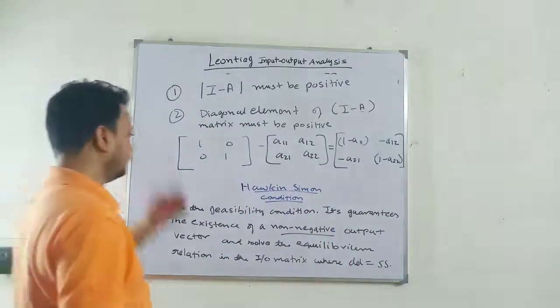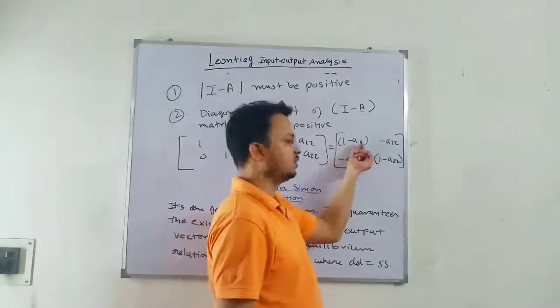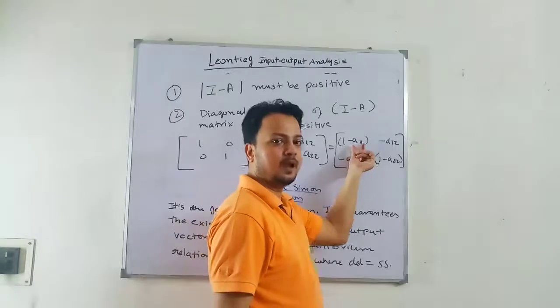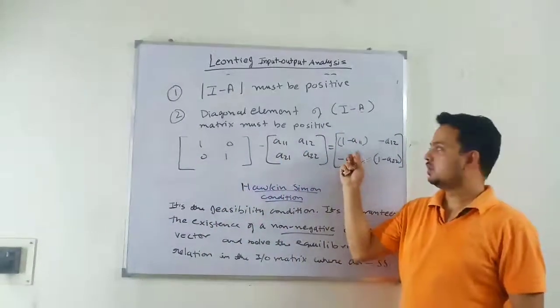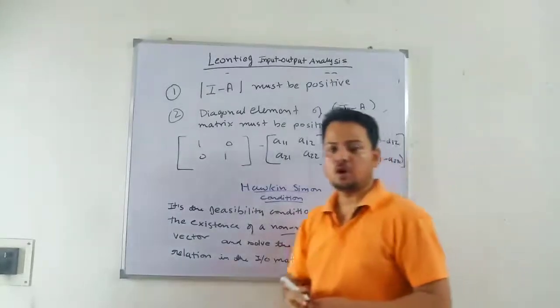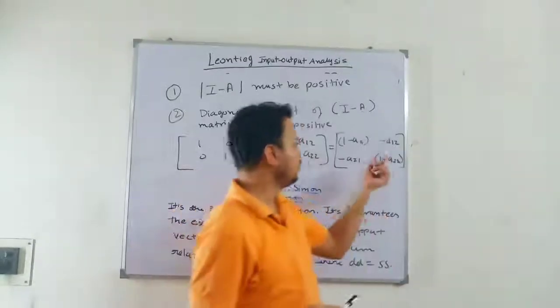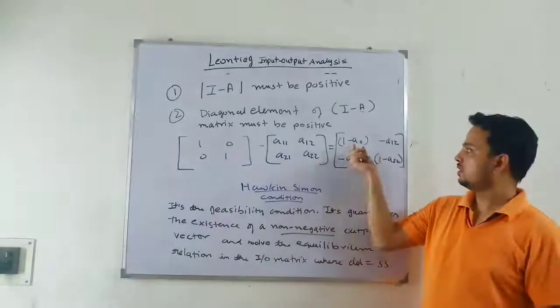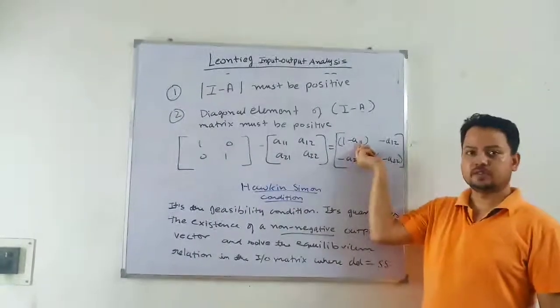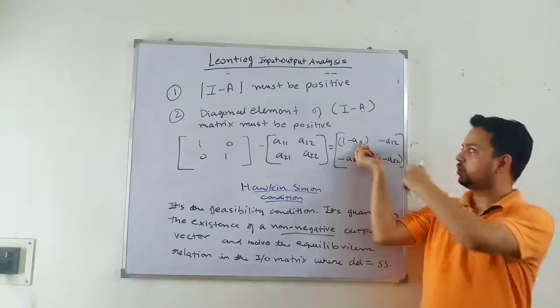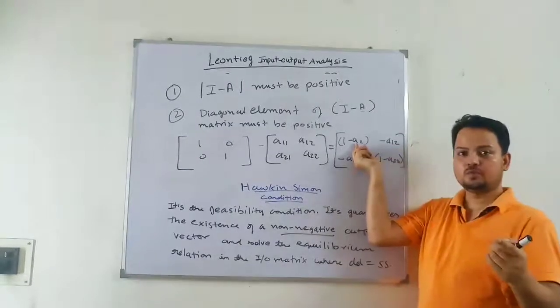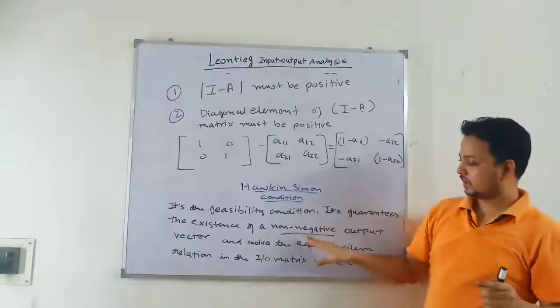So basically, what is this? This is in per unit terms. For producing 1 unit of output, how much input do you require from the first industry? In order to produce 1 unit of output, if you require more than 1 unit of input, then you will get a negative output.